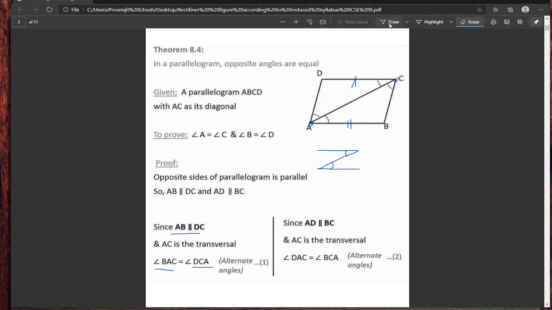Now moving to the next one. If you see these two sides, they are parallel, and in this case you have the opposite N pattern. So these two angles should be equal, that is why angle DAC must be equal to angle BCA. Alright, so we have the alternate angles right now.